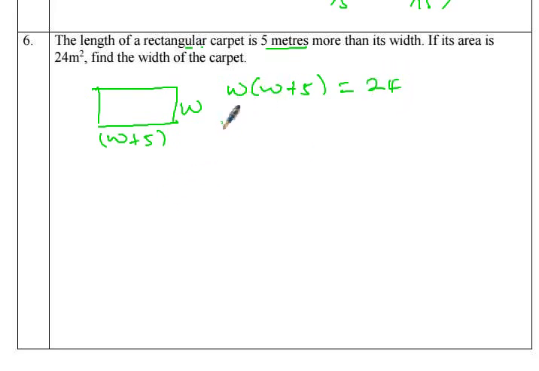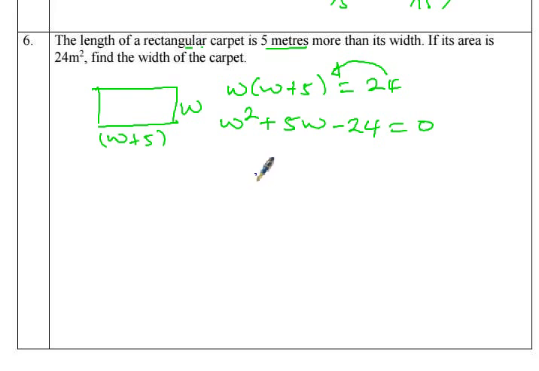And when we open brackets here, we have W squared plus 5W. When I notice that I have the unknown being squared, then I know I have created a quadratic equation. So I can move this to this side in my second step here. Minus 24 is equal to 0, so that I can clearly see the quadratic equation.